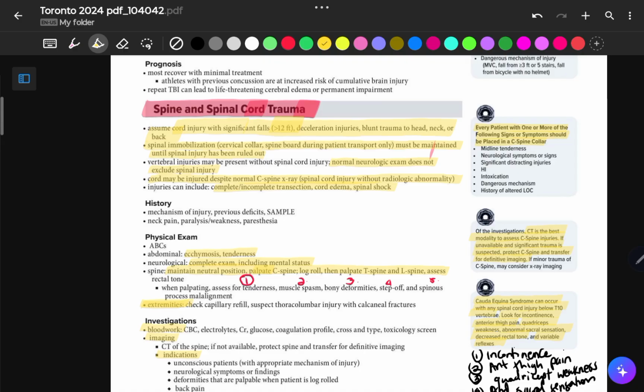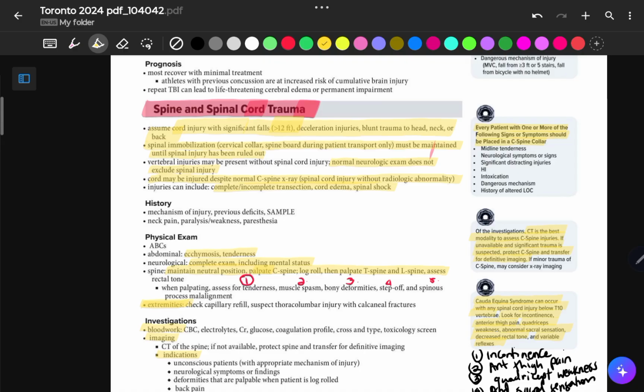Neurological symptoms and signs. Significant distracting injuries, because they cannot actually tell you if they're having any tenderness or pain along the midline, since those other injuries will be distracting them. So you just need to be safe.